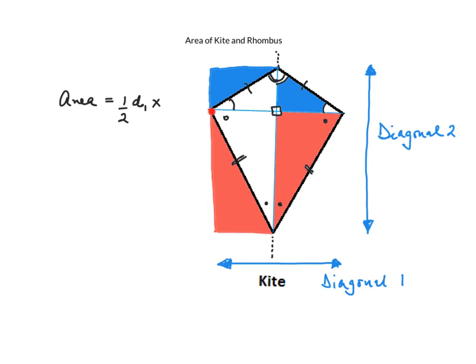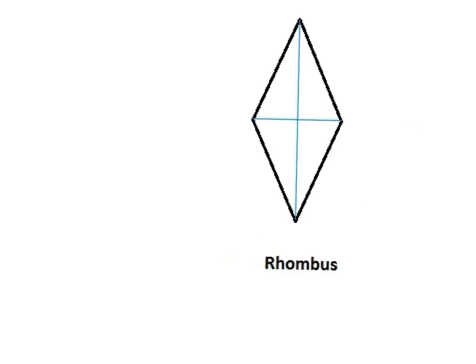So it's this distance here multiplied by this distance here. I hope you can see that. So this distance, half of diagonal 1, multiplied by this distance here, which is diagonal 2. So to get the area of a kite, we multiply the 2 diagonals together and divide by 2.